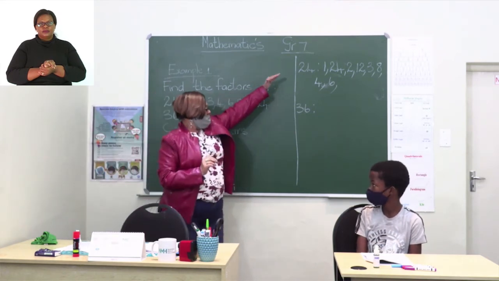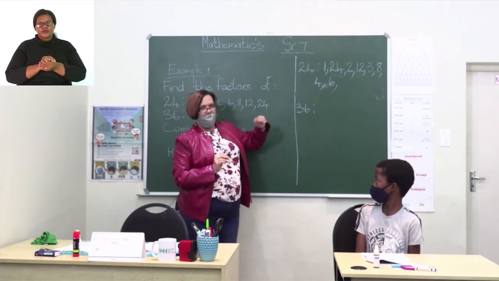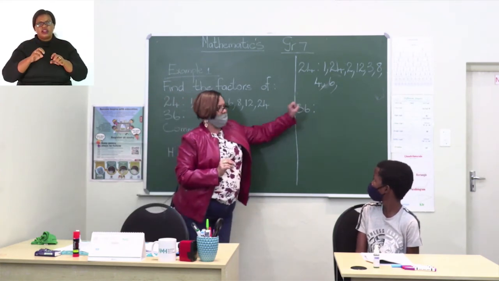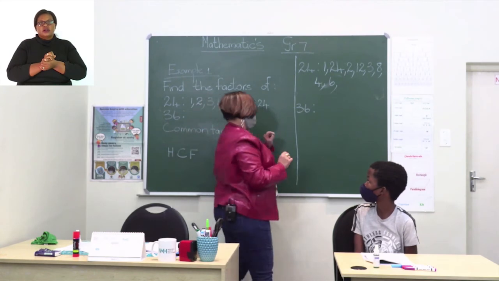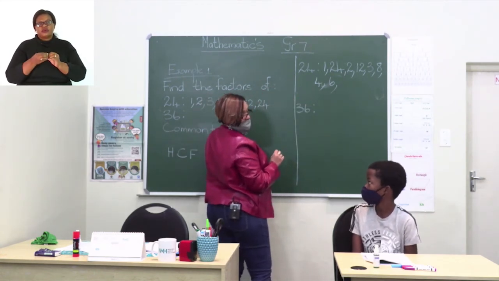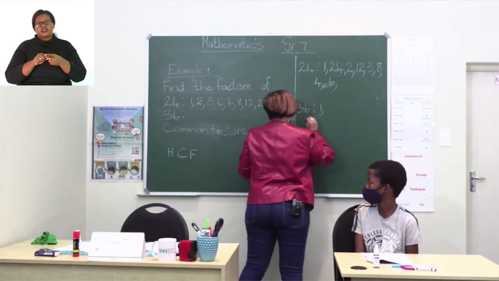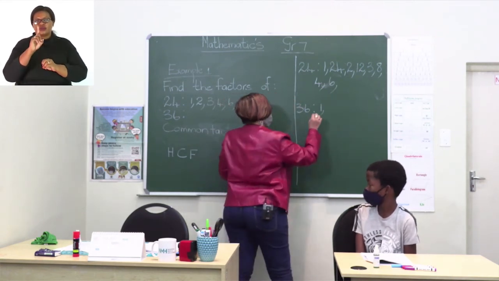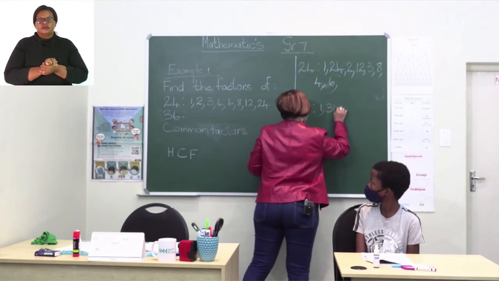Right. So our next number that we need to find the factors of is 36. Any number that can divide into 36 without leaving a remainder? 1. 1 divide into 36, how many times? 36 times.